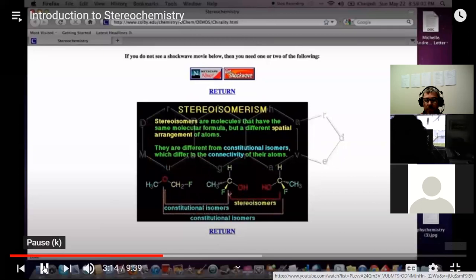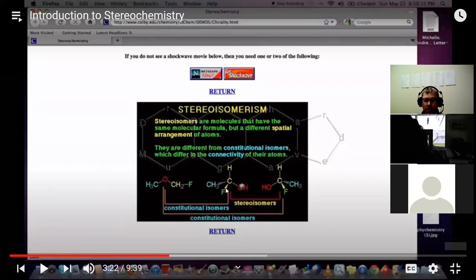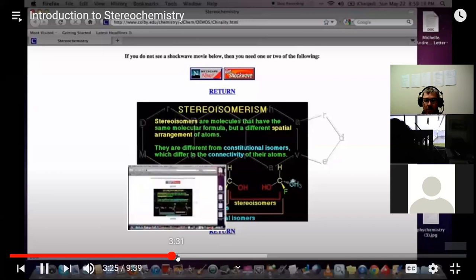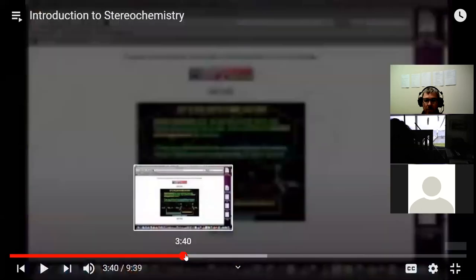And here is an example of that. These 2 things will be called constitutional isomers because you can see that this is an ether and these are alcohol. So an alcohol and an ether, those are just regular isomers that we're used to drawing. But these 2 here are stereoisomers. They're mirror images of each other that aren't superimposable. If you take a look at these 2 alcohols, there's F and CH3.